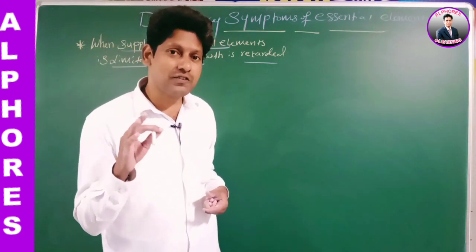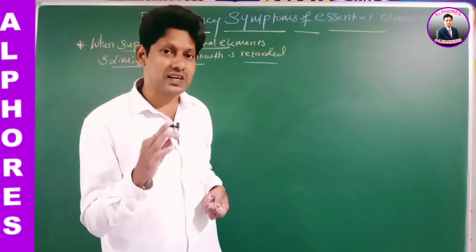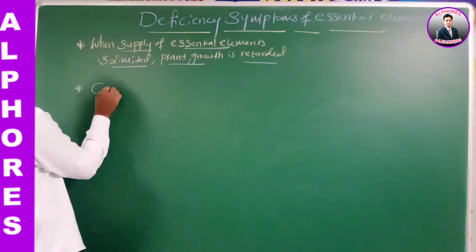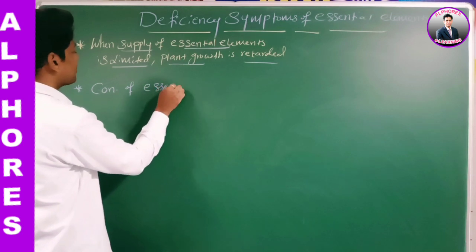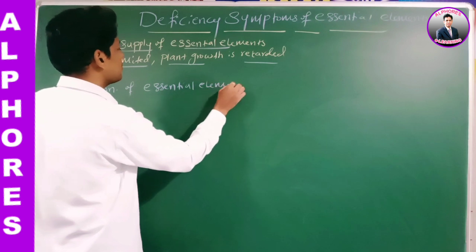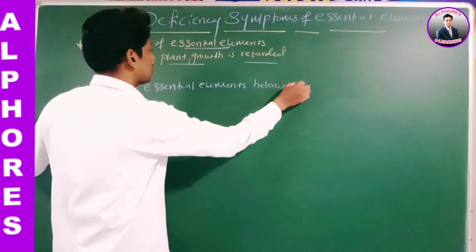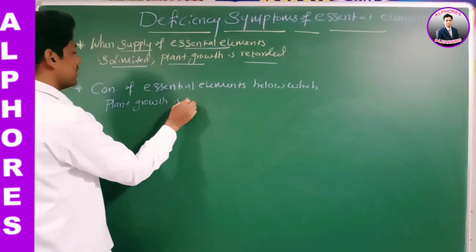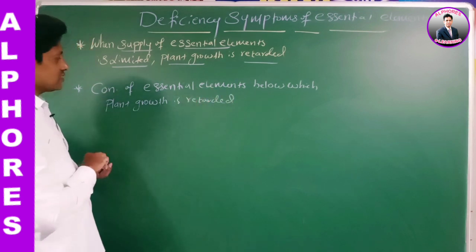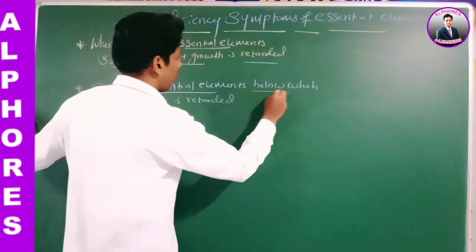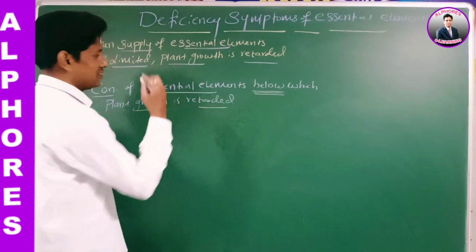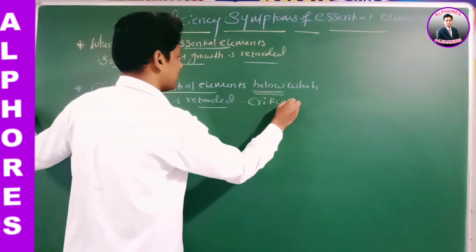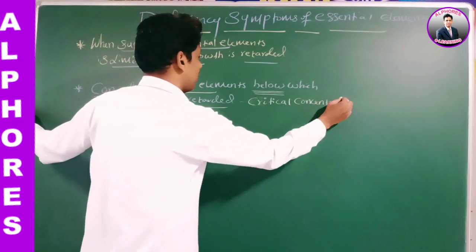The concentration of essential elements below which plant growth is retarded is called the critical concentration.